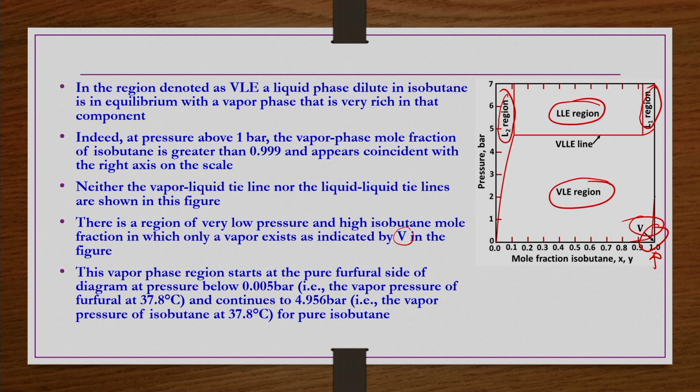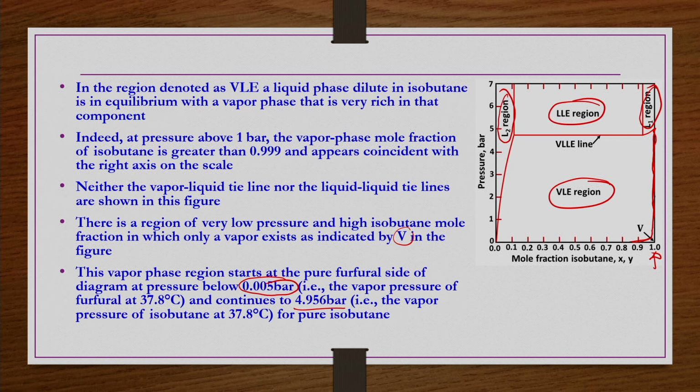This vapor phase region starts at the pure furfural side of the diagram at pressure below 0.005 bar, that is the vapor pressure of furfural, and continues up to almost 5 bars, that is 4.956 bar, the vapor pressure of pure isobutane. So, you can see this line almost touching this wall, and then this line goes up to almost 5 bars like this. So, that is the vapor region.